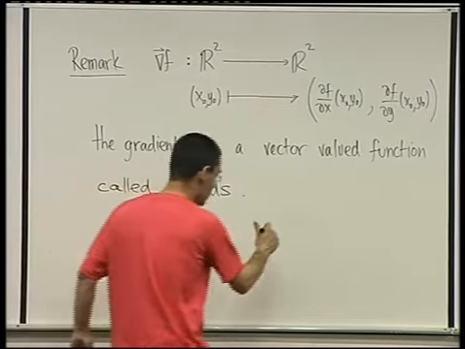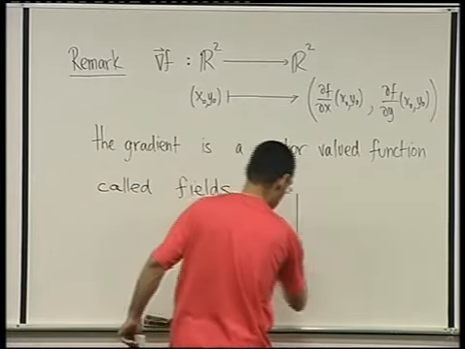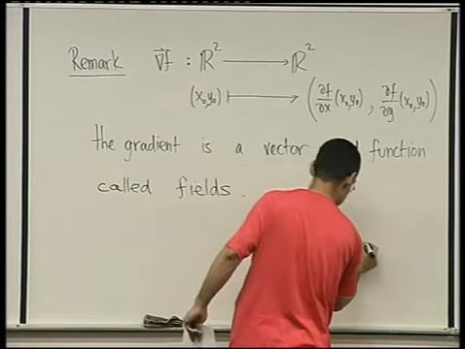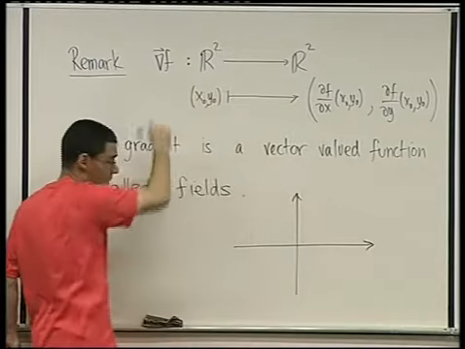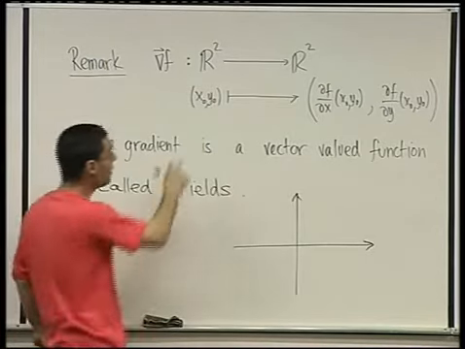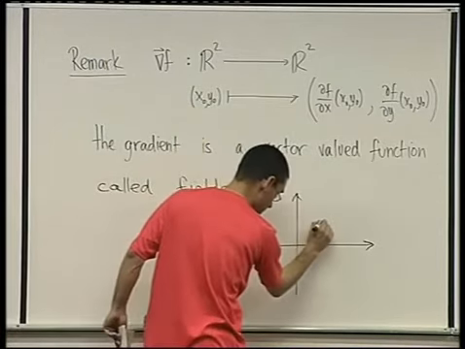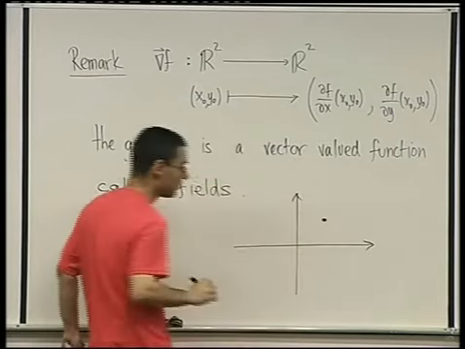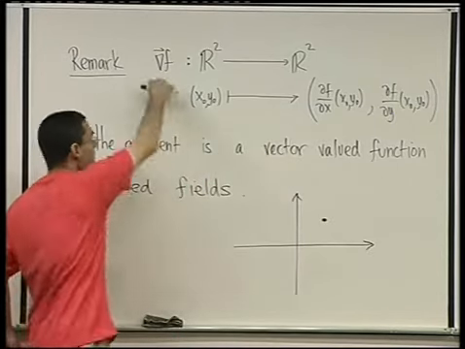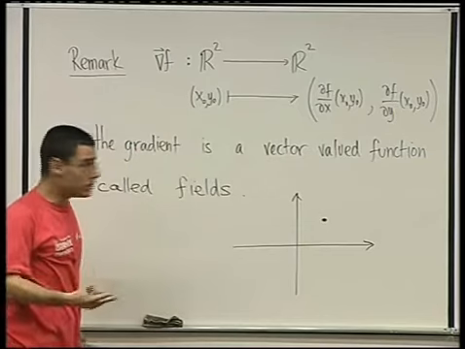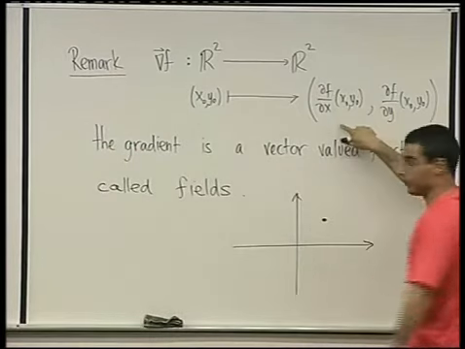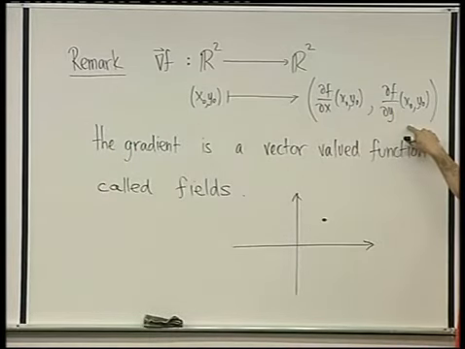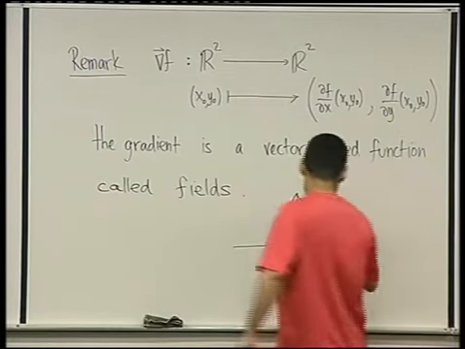Think what it does. Let's look at the plane, because our example was for functions of two variables. So take a point x0, y0. Here's the point x0, y0. Plug it into the gradient. What do you get? You get a vector, right? Do you see that? And this vector, let me draw it like this.